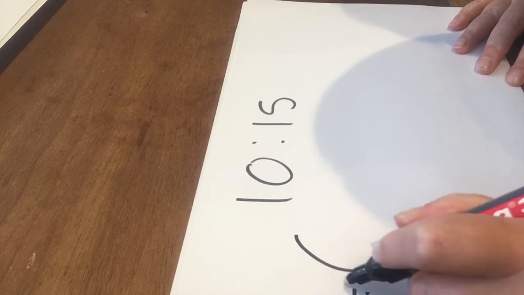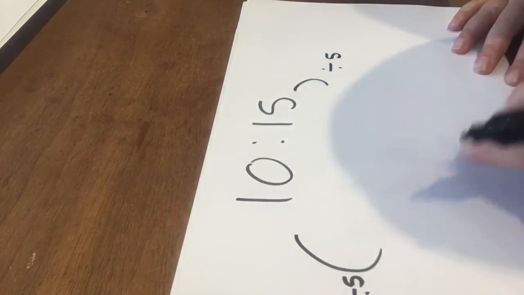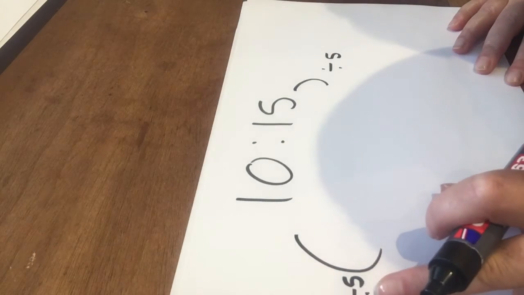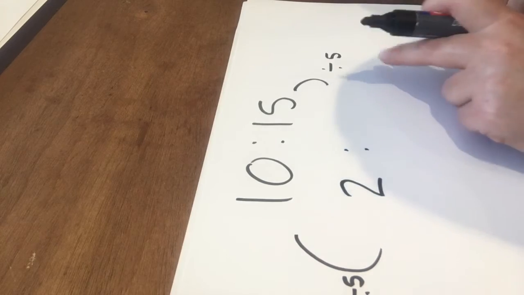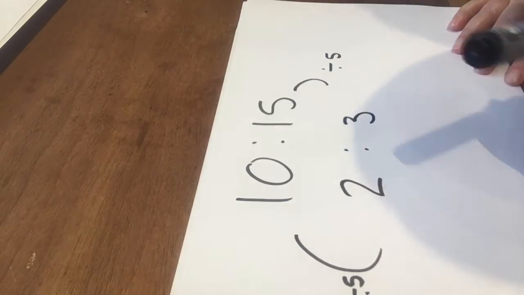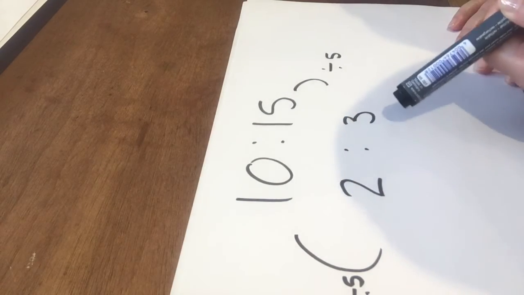So I'm going to divide it by 5 and I'm going to divide it by 5. So 10 divided by 5 is 2 and 15 divided by 5 is 3. So 10 to 15 is the same as 2 to 3.